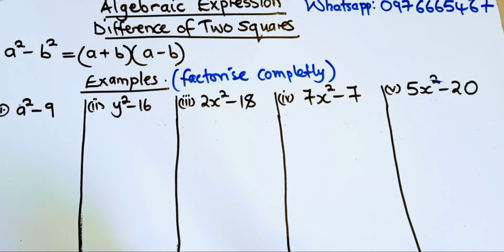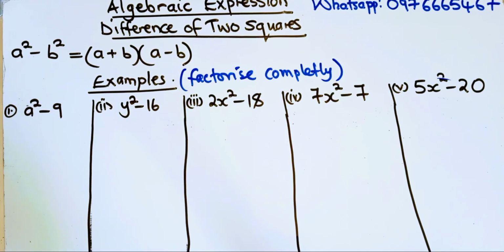Now let us look at the examples and see how we can use this method of the difference of two squares. Number one, we have a squared minus 9. We copy the question: a squared minus 9.